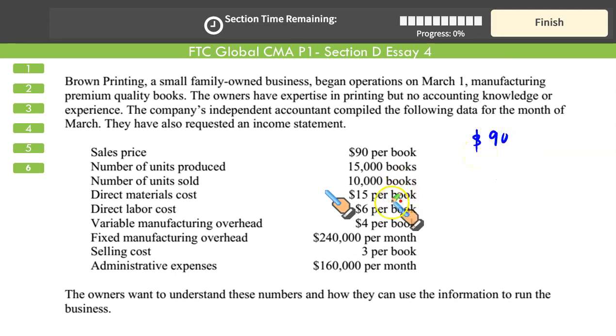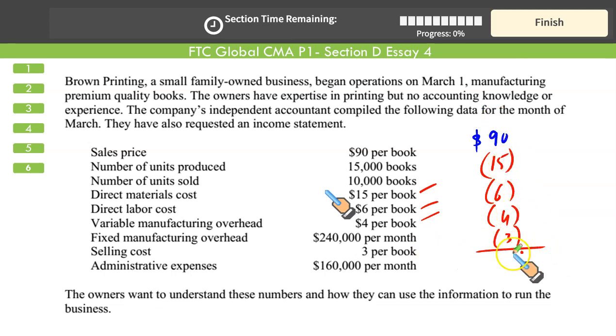From this selling price, you will have to deduct the material cost, the labor cost, the variable manufacturing cost, and variable selling cost, $3. So deducting all these 4 gives us selling price less material, labor, variable overhead, variable selling, gives you unit contribution margin. Unit contribution margin is $62.